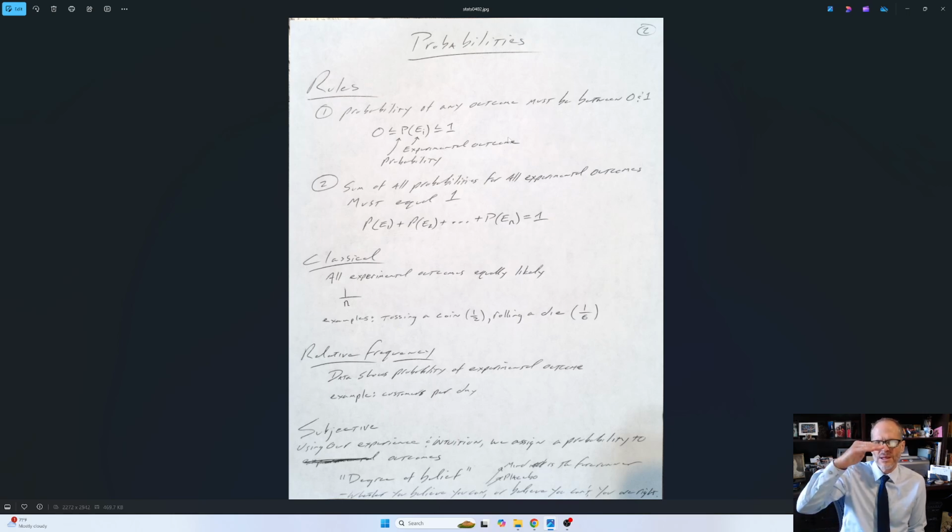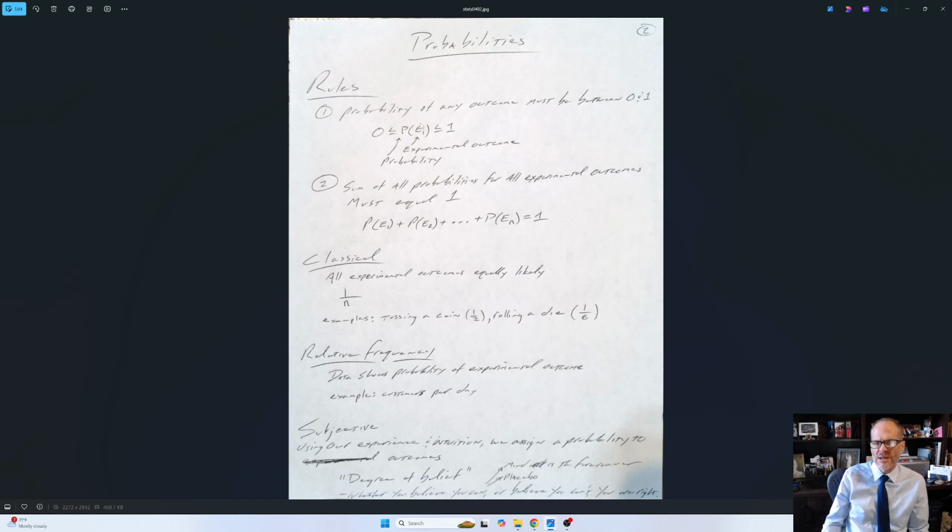So we have an experiment, and then an experiment will produce outcomes, and then the sample space is all of the possible outcomes, and an event is a subset of the sample space for which we want to know the probability. So here are the two rules of probability. Any outcome needs to be between 0 and 1. That's just the continuum, the scale by which probability is measured.